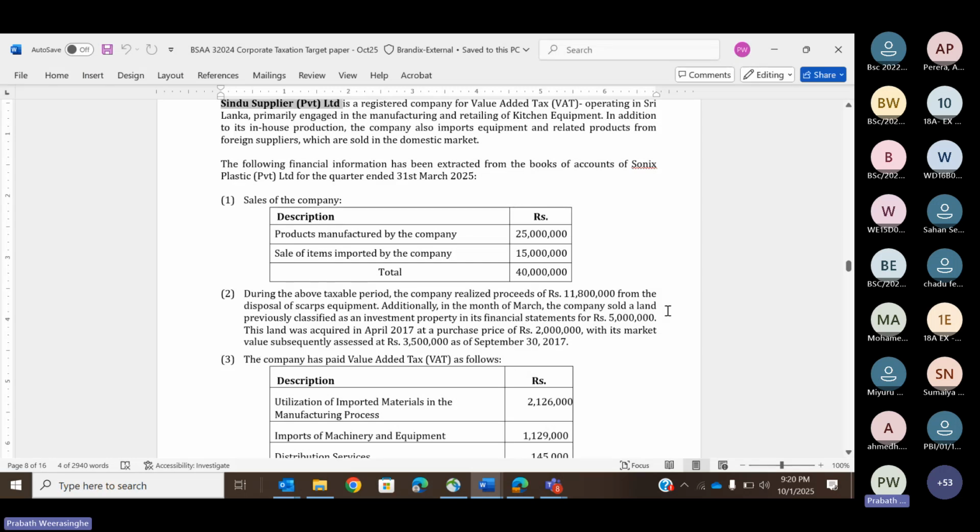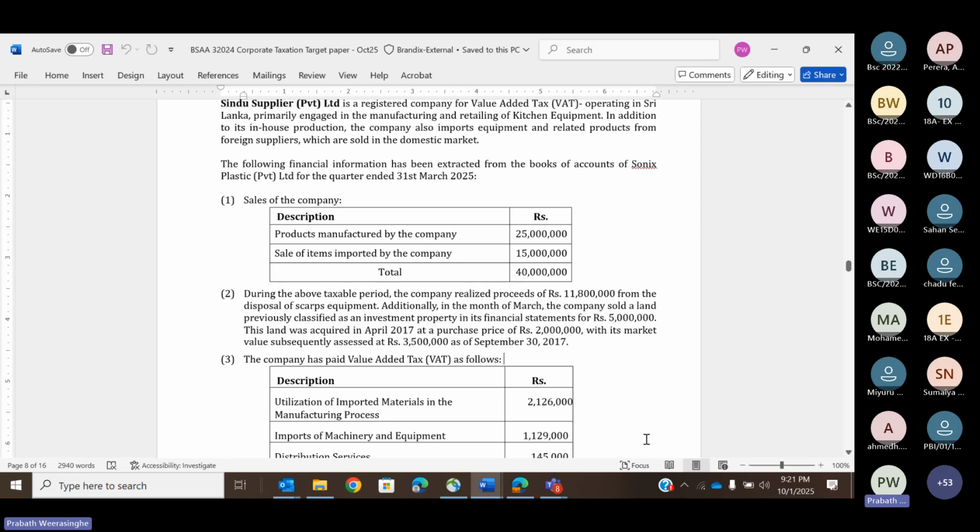The question mentions sold land. In the case of land and improvement, only the improvement is subject to VAT. Therefore, the value of the supply, the land and the improvement part, we need to work out separately. How to work out that part: the total sales proceeds minus the market value of the bare land at the time of supply.